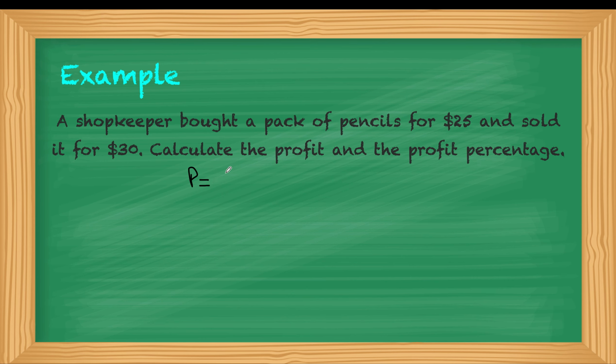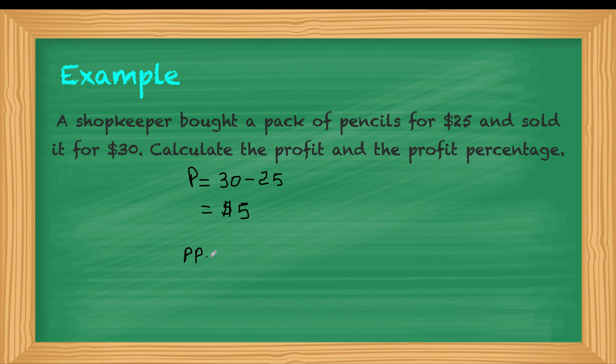So we would need to subtract the cost price from the selling price, right? And the selling price here would be $30 and the cost price would be $25. So when we subtract 25 from 30, we would end up with a profit of $5.